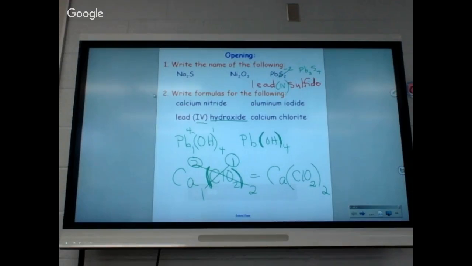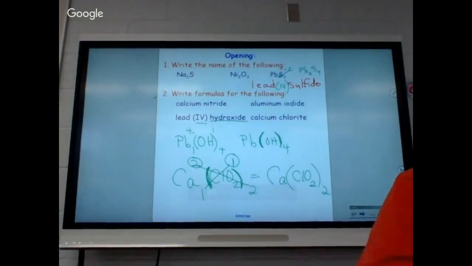All right, let's do the formulas first, and then we'll do the names. Or, no, the names first is on front. So let's do the names first. All right, question number 9. Should be copper 2 chloride. Copper 2 chloride. That one has to have a Roman numeral. Number 10, magnesium bromide. Number 11, calcium oxide.